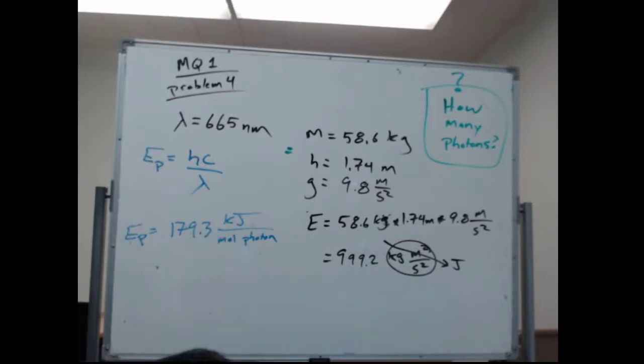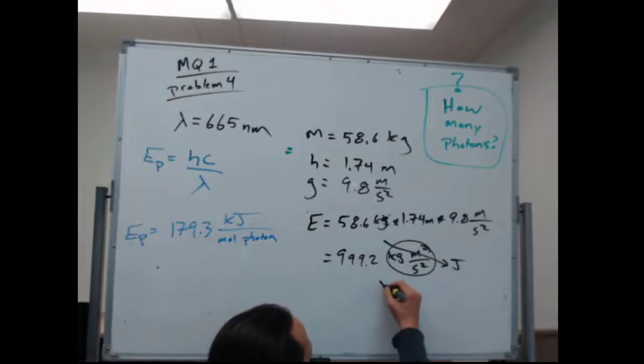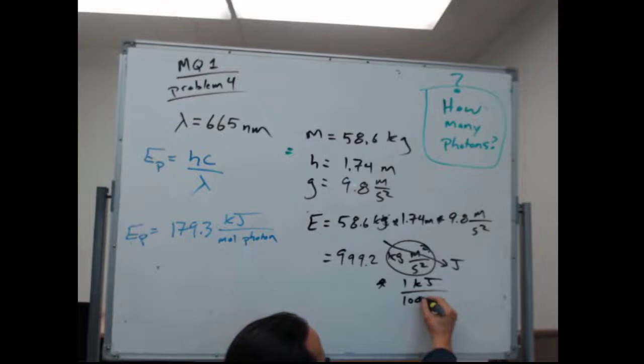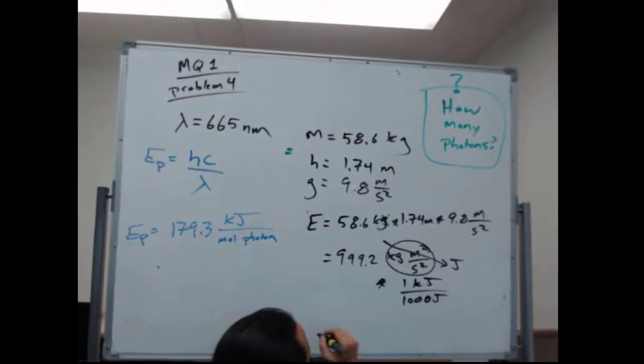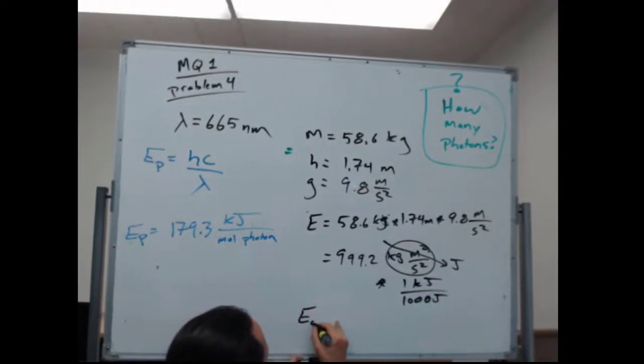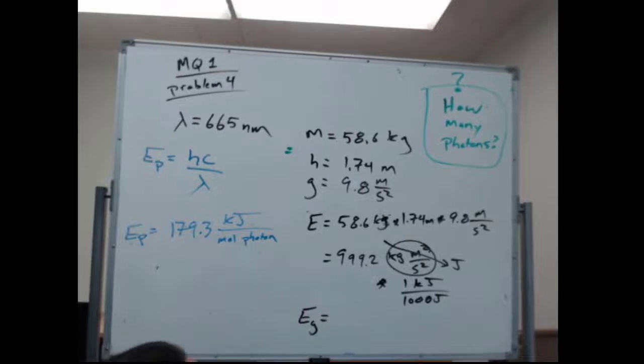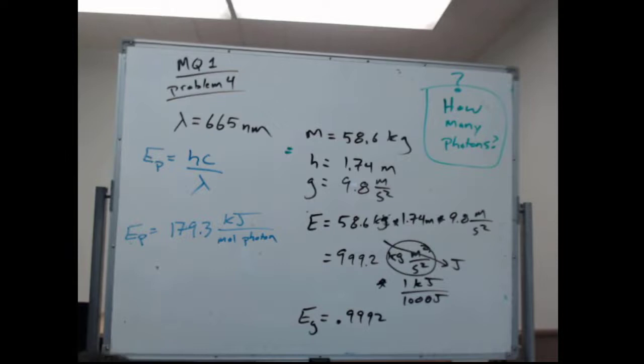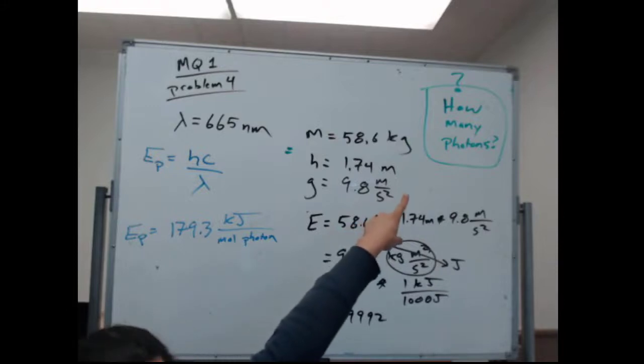It's in joules instead of kilojoules, but we can fix that real quick. 1 kilojoule has 1,000 joules, and the energy of gravity is going to be equal to, I can do that one in my head, 0.9992. Ta-da!